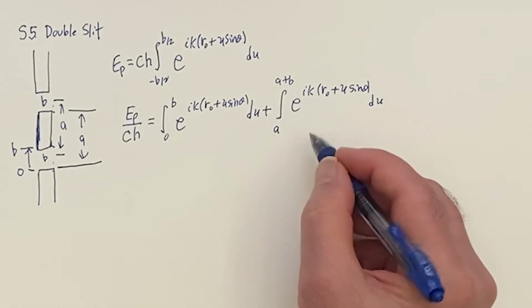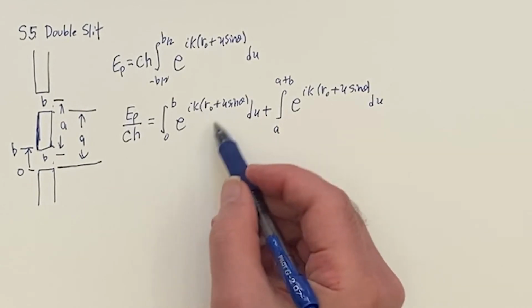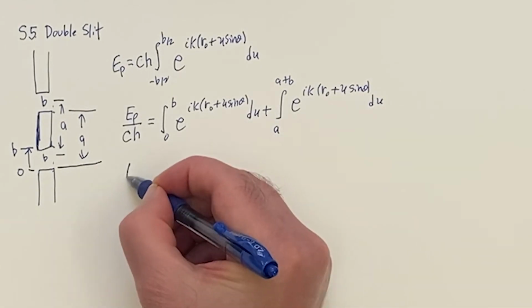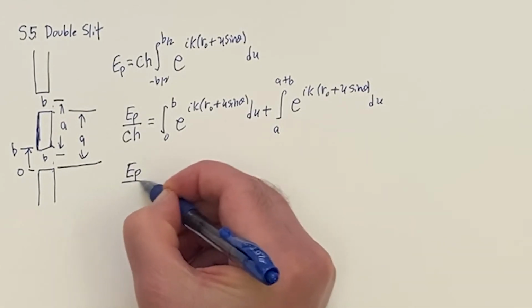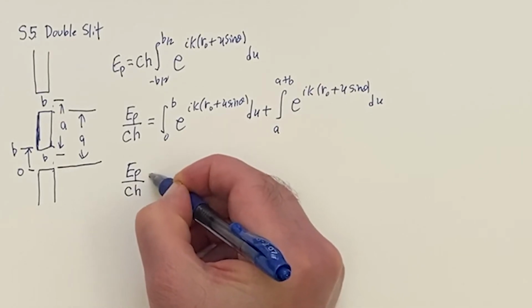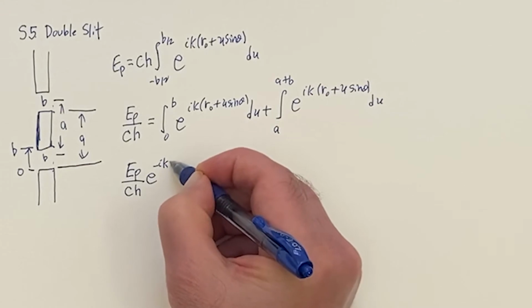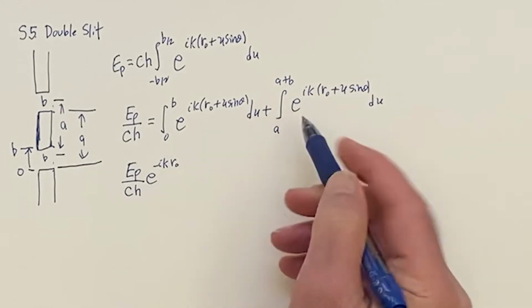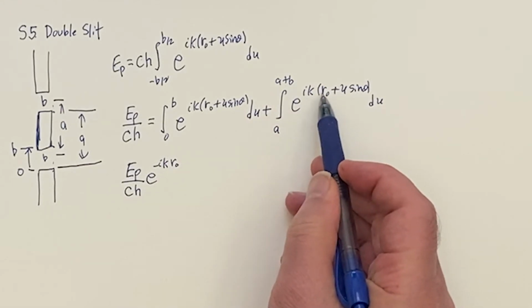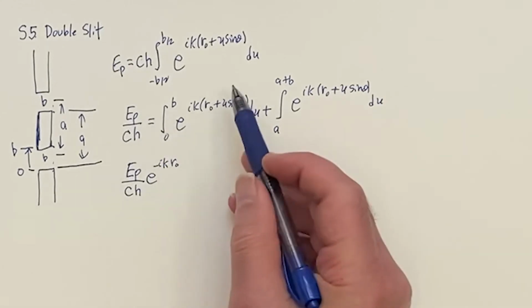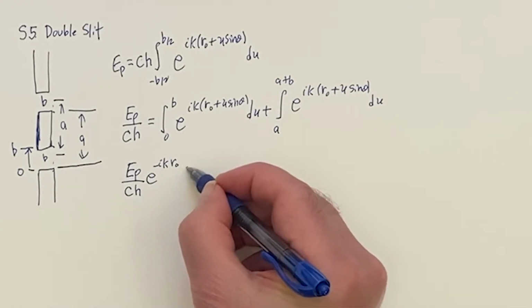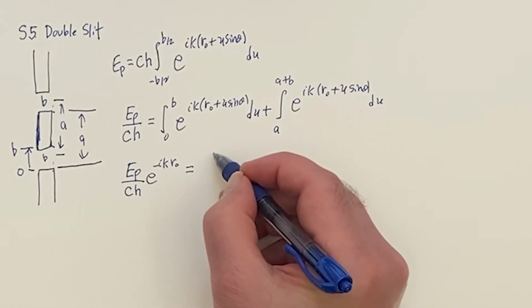And we're going to pull out the e to the i k r naught. And if I put that on the left side, it goes in here as a minus i k r naught. So I'm pulling the i k r naught out like we did before, and just get it on the left side so I can clean up the right side.